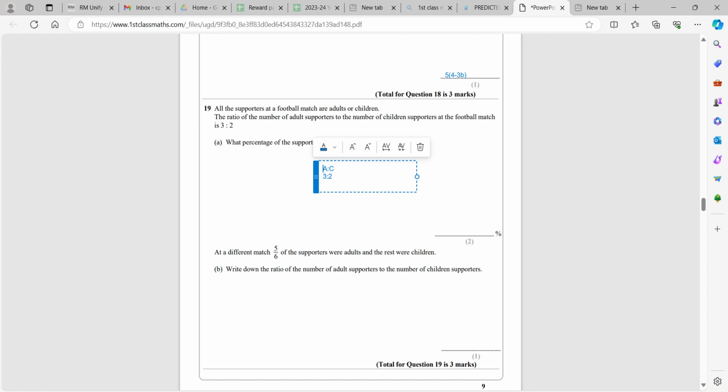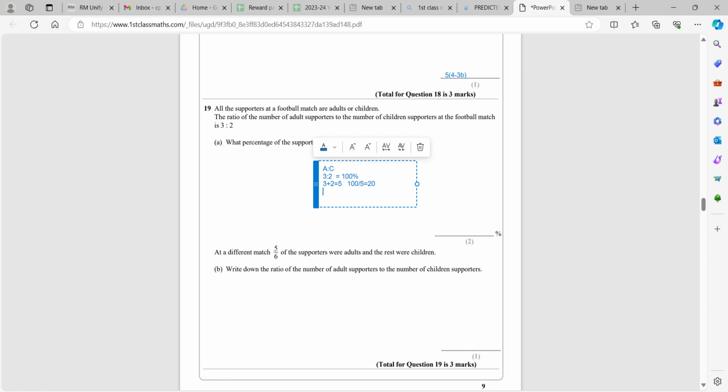Now, the minute I see the word percent, I know that percentage in this case is going to be out of 100. So if 3 to 2 equals 100, I'm going to add my ratio, which gives me 5. I'm going to do 100 divided by 5, which gives me 20.